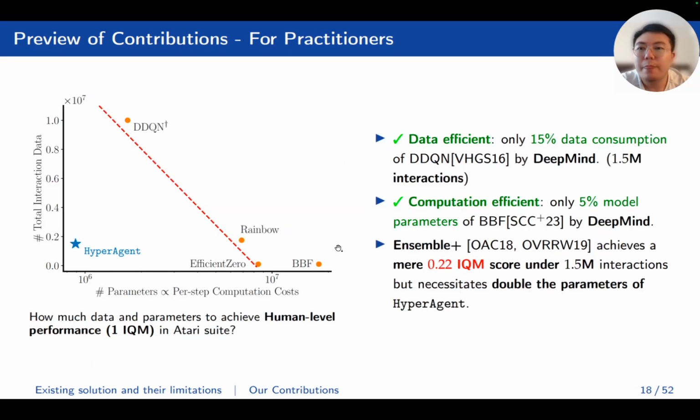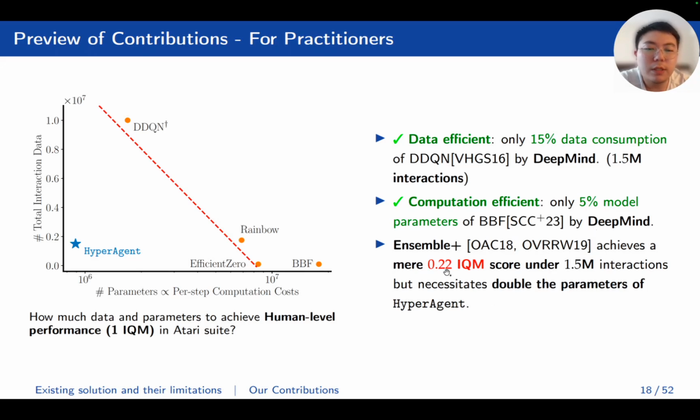Okay. And the achievement is that to achieve human-level performance on the entire benchmark, we only use 50% of the data compared with double DQN, and we use 5% of the model parameters compared with BBF, which was the state of the art last year by DeepMind.